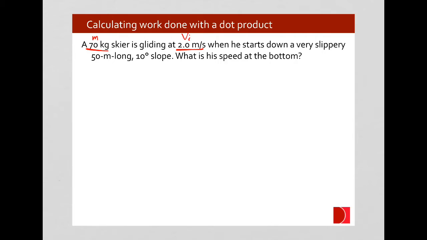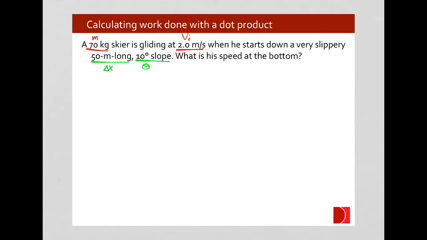We imagine the skier is going through snow, so he would slide pretty easily. And we're told that he slides for 50 meters. That is his displacement. And we're told that it's a 10-degree slope. So that would be the angle of inclination of our slope.